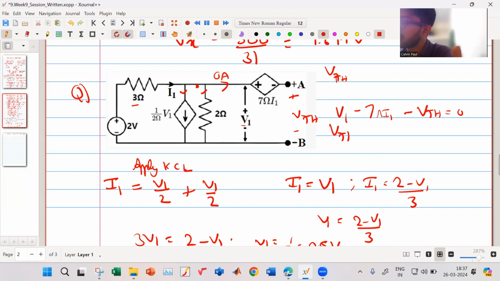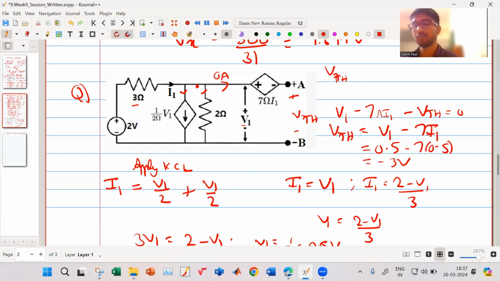So VTH is equal to V1 minus 7 I1. V1 is 0.5. How much is this? Minus 2.5. Sorry, minus 3. Minus 3 volts.